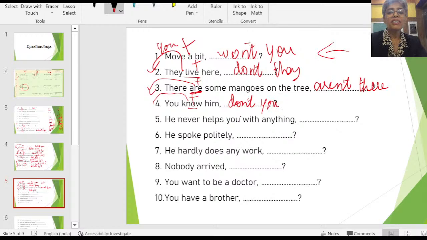He never helps you with anything. Now, which is the verb over here? Helps. In this case, never is not a verb, it is an adverb, an adverb of frequency. Zero times, never happens, never. The verb over here is helps.